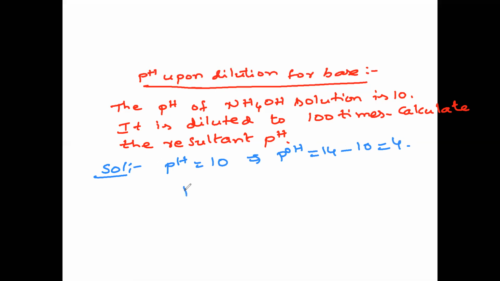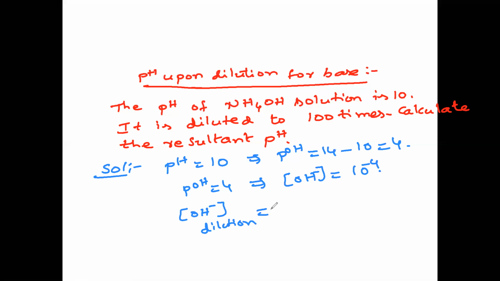Since pOH is equal to 4, the concentration of OH minus is equal to 10 to the power of minus 4. Now it is diluted to 100 times. So the concentration of OH minus after dilution is equal to 10 to the power of minus 4 divided by 100, which is equal to 10 to the power of minus 6.